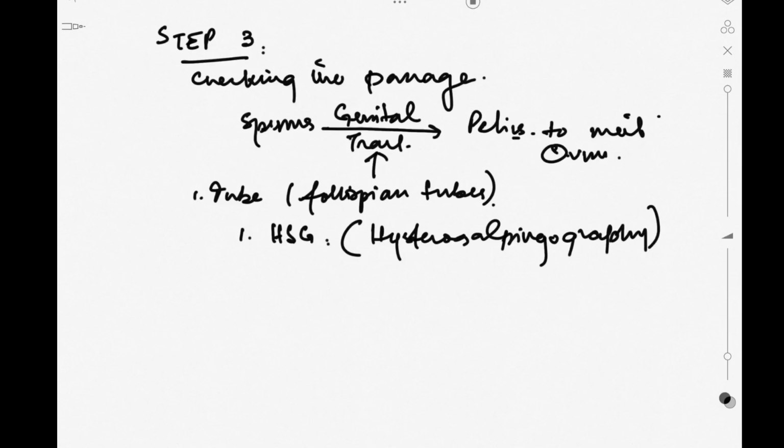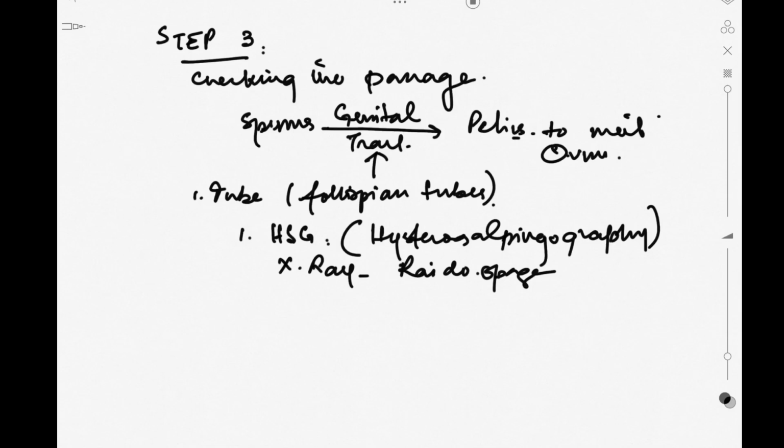It is an X-ray, and radiopaque dye is pushed inside the uterus, and as it passes through the tubes, an X-ray is taken, and by that X-ray we will be able to see that the dye has passed all the way from the vagina into the abdominal cavity, and the tubes are patent. So the results can be a totally normal X-ray, or we can find some abnormalities.